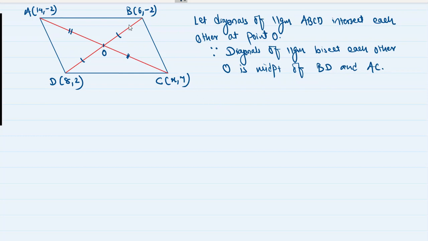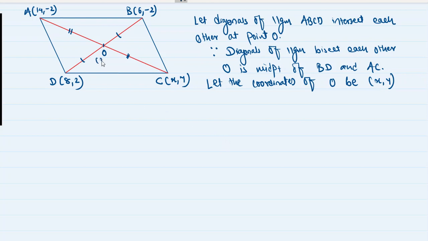Now we know the coordinates of B and D, so we can find the coordinates of O. So let the coordinates of O be x comma y, right?